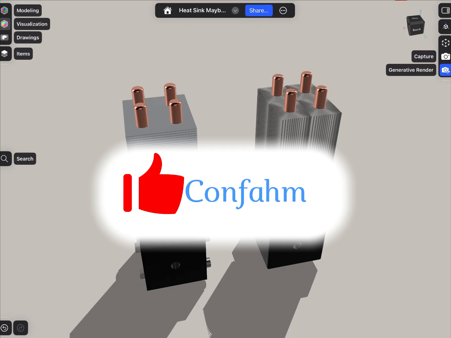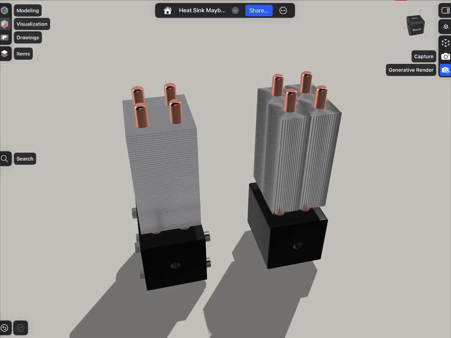I am presenting to you today this heatsink redesign that I performed for Maybell Quantum Industries. This heatsink device is used in their cryogenic application.